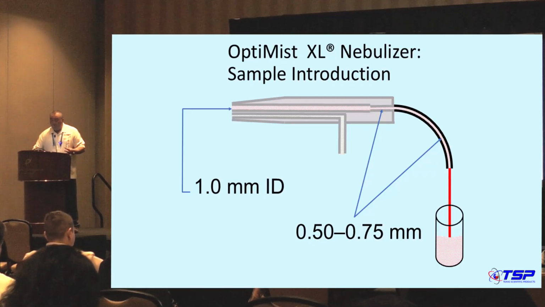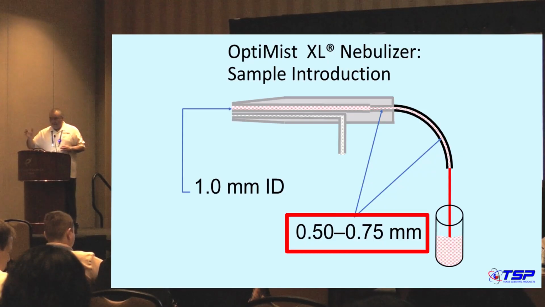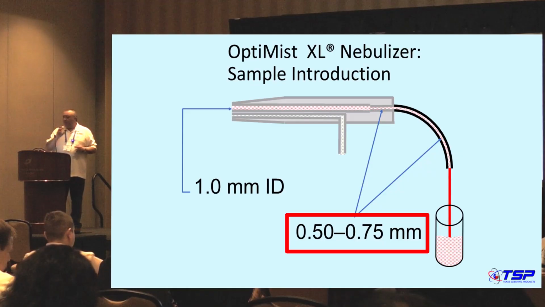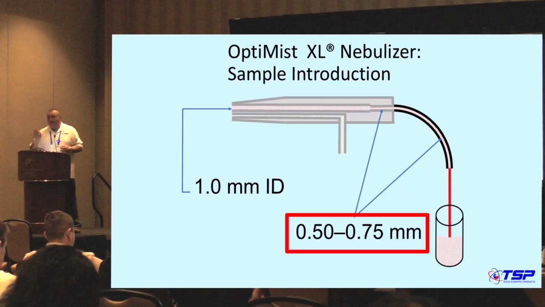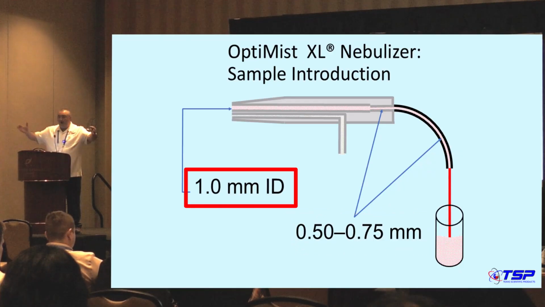It starts with a probe, which is 0.5, 0.75, sometimes now probes are going to 1 millimeter opening. And then the sample capillary that connects is 0.5 to 0.75. Some manufacturers use 0.25, but that's too small for heavy particles. So you get from 0.5, 0.75 to 1, so guess what's going to happen with a particle, right?